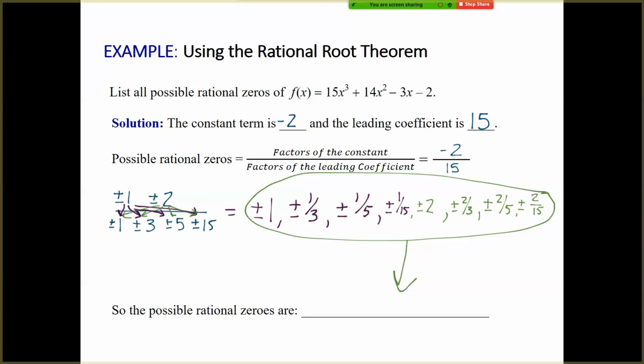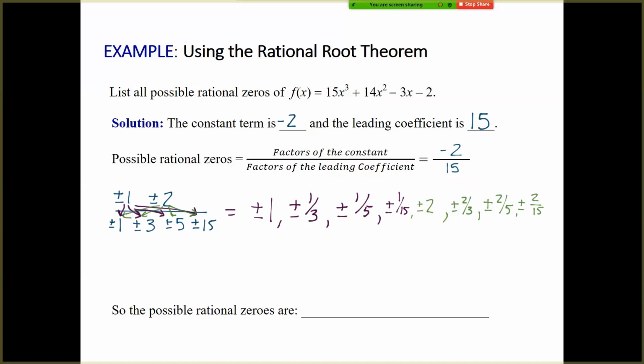When we do problems that involve this, we're going to pick the easy ones to work with. I'm not going to take 2/15 and use it first. On the next slide, we're going to take these possible answers and start guessing to figure out which ones are actually factors.